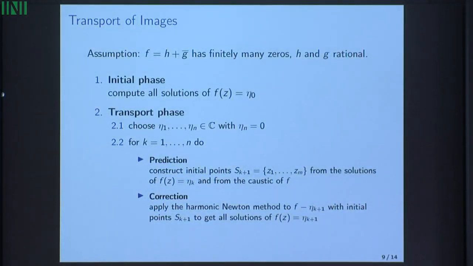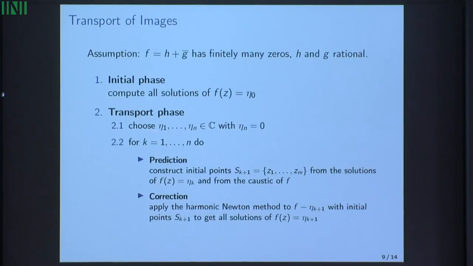We assume that our function f has a finite number of zeros, since otherwise computing all zeros would be somewhat an ill-posed problem. Moreover, we assume for simplicity that H and G are rational, so we have a global decomposition. Now we have our algorithm from a high-level perspective. We start with the initial phase, computing all solutions with some right-hand side eta naught, and then the task is to transport these pre-images of eta naught to actual zeros of our function.